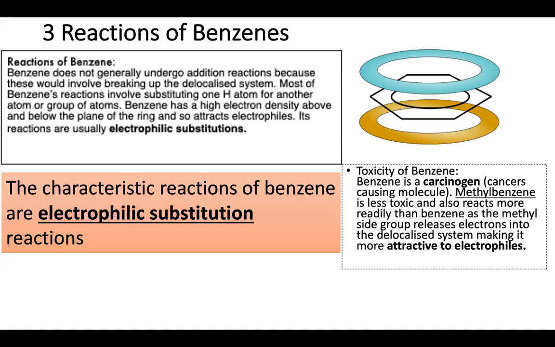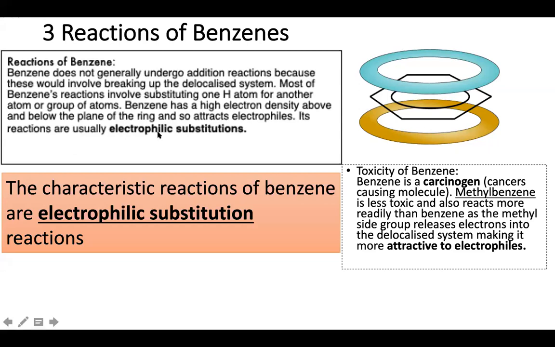And the only way to reform this delocalized system is by kicking out the hydrogen, because remember, each carbon atom in your benzene ring can only hold one more side chain, okay? You'll look at the structure later on.